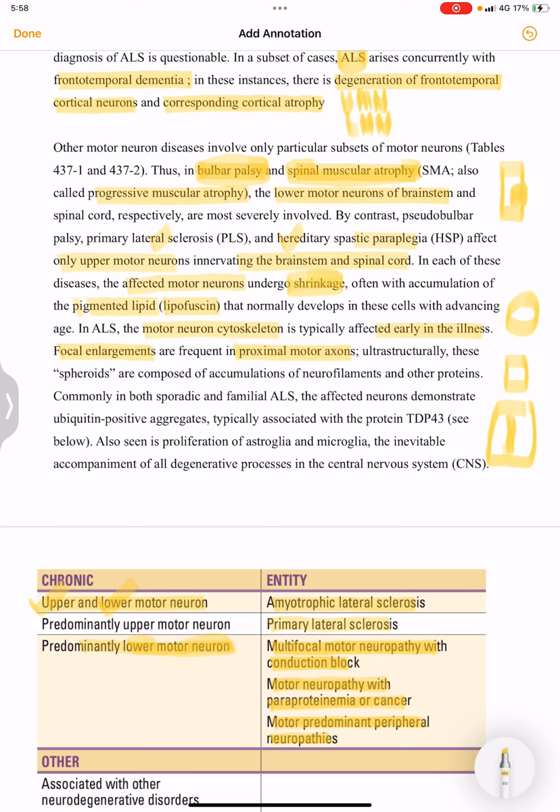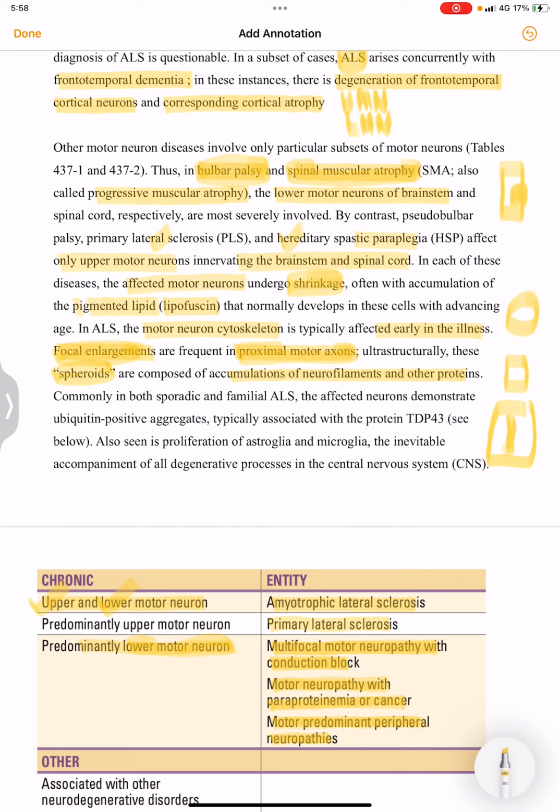Ultrastructurally, what is this focal enlargement? It is nothing but spheroids, which are composed of accumulations of neurofilaments and other proteins.